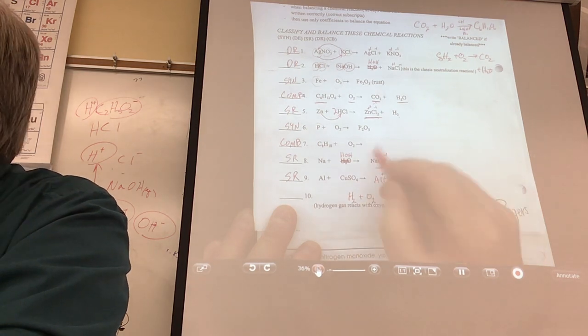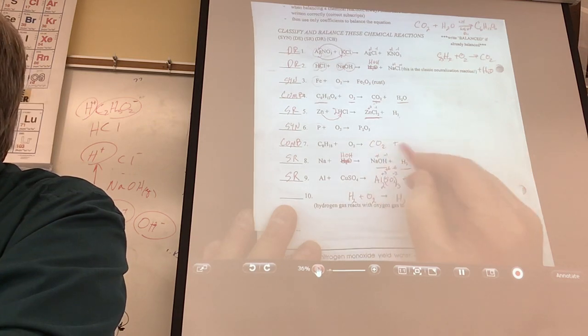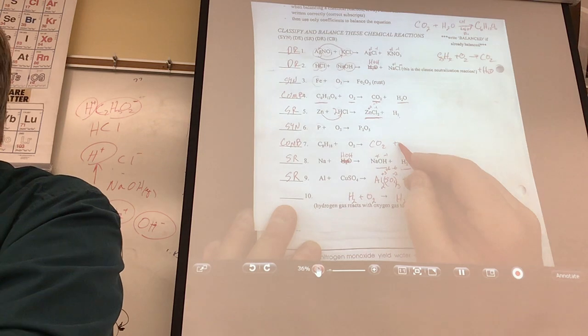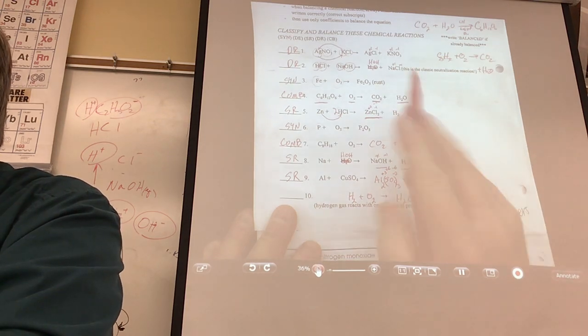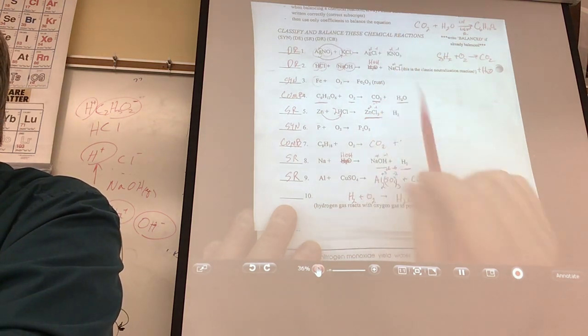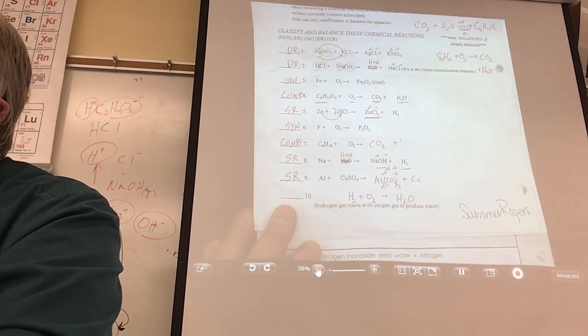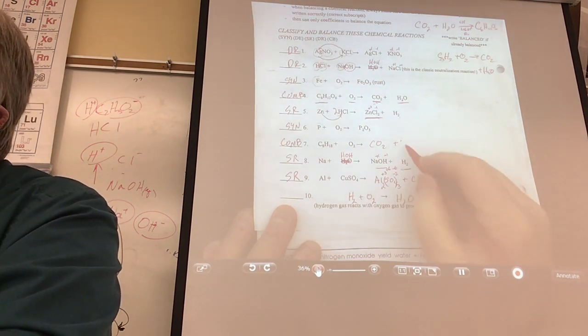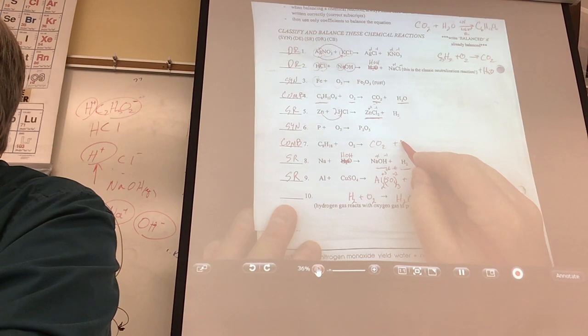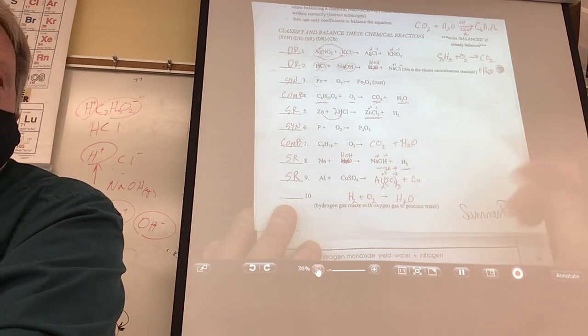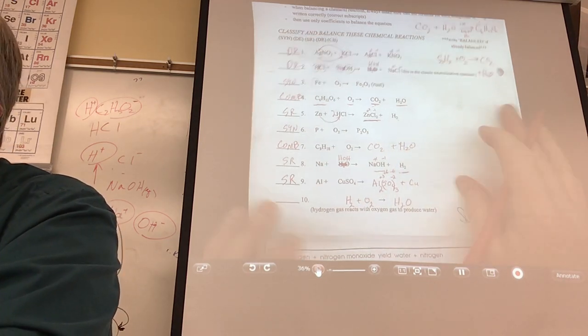CO2. Say it again. CO2. And there are two products. What's the other one? Look up there. If you're a combustion reaction, the products are carbon dioxide and water. Yes. Everybody get that? Okay.